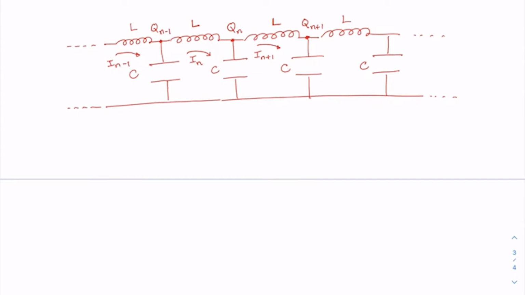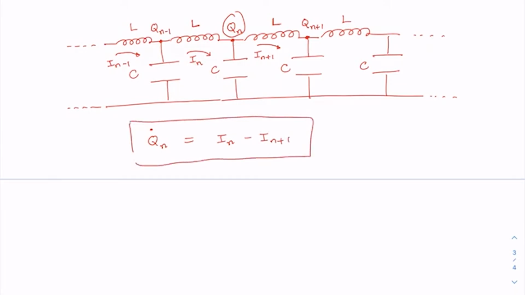If I invoke that for this nth node, I can write it as: the rate of change of charge at the nth node is equal to the current flowing towards this nth node minus the current flowing out of it. So this is one equation, let me denote it as equation number 1. This equation refers to the charge conservation principle.